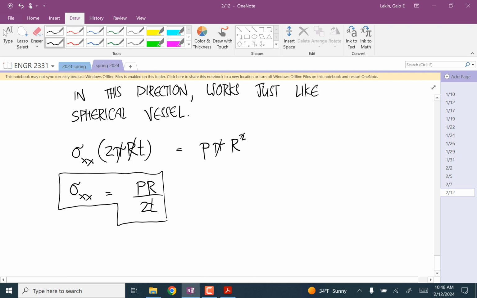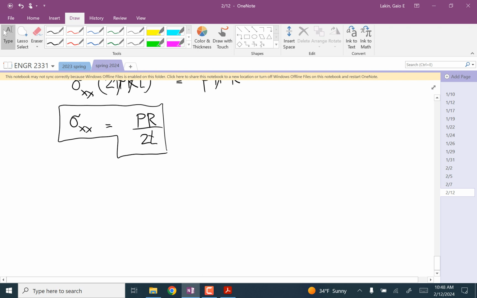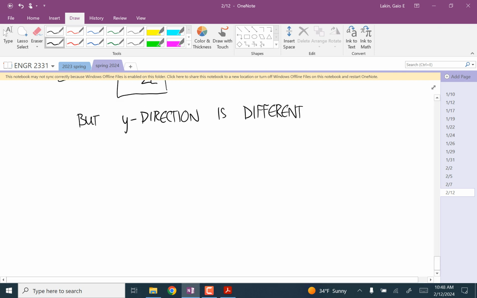But the y stress is going to be different. What about the other direction? So the y direction is different. So in that case, we're going to ignore the stuff that happens at the ends.